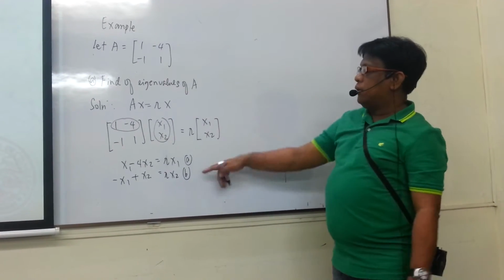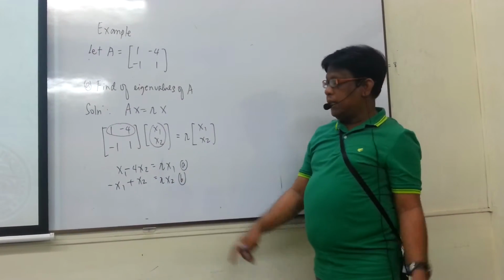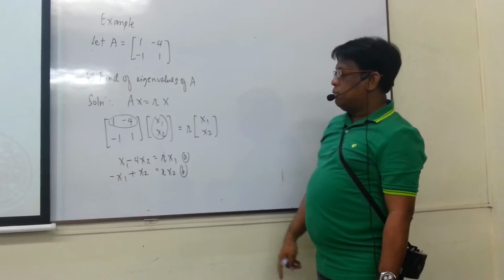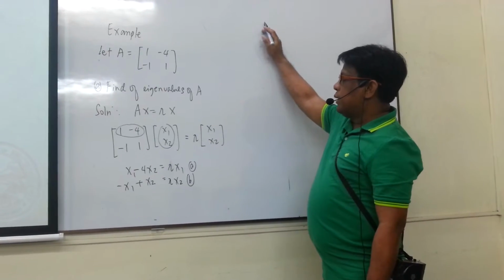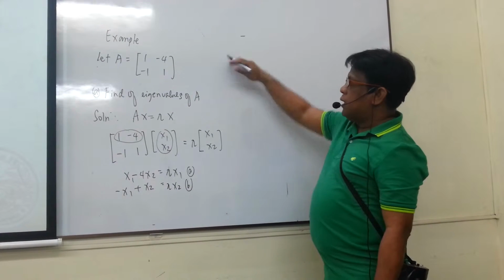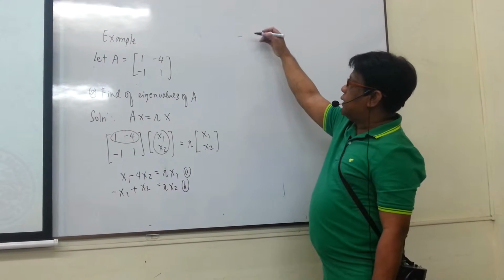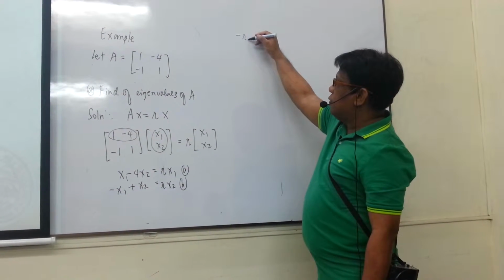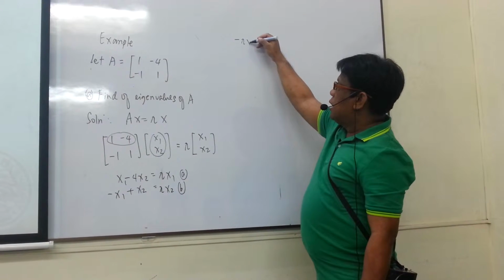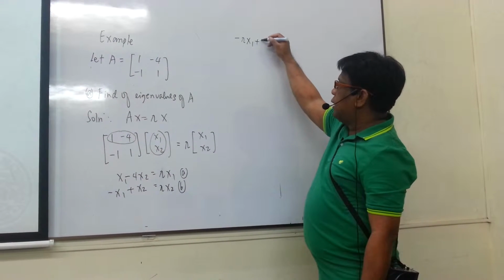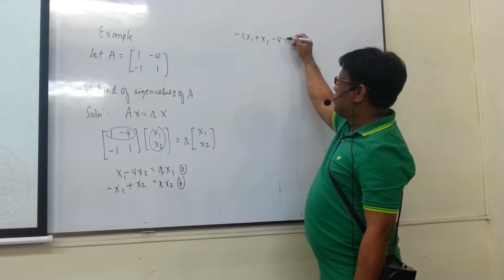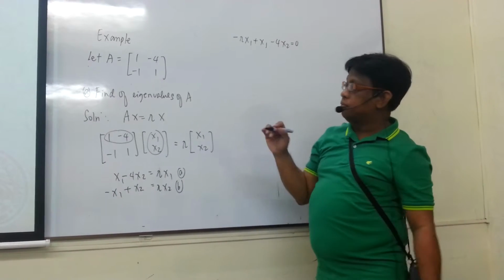Then arrange your two equations in such a way that similar terms can be combined. Let us write the lambda first. On the left side of the equation, this is now negative lambda x1 plus x1, then minus 4x2 equals 0.